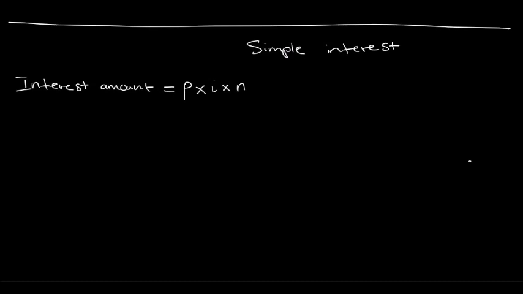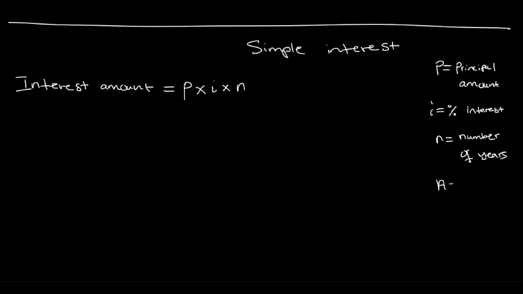Okay, so let's write them. This side we've got P, which equals principal amount or amount given, and then you've got I, which represents interest in percentage, the percentage interest, and then you've got N, which represents number of years, and we've got A, which represents the amount you are calculating for.